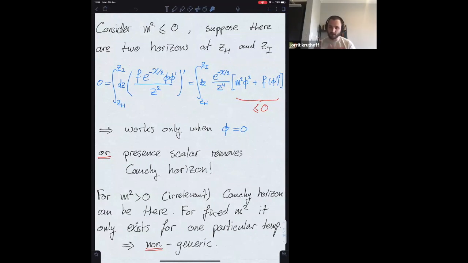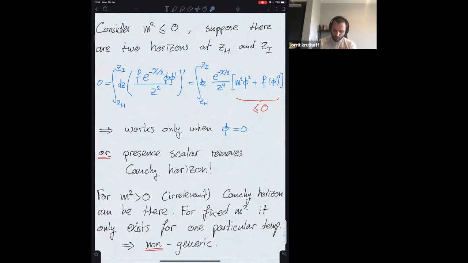So there's a discrete set of temperatures. If you choose the mass, there's a fixed temperature for which this Cauchy horizon will be there. And of course, that is again rather fine-tuned. So that's a very special point again. So these are again non-generic, special solutions.